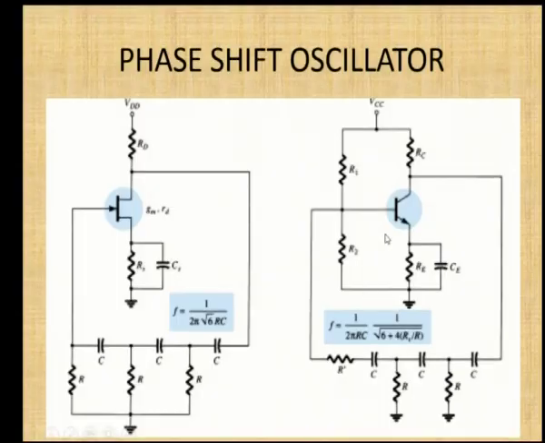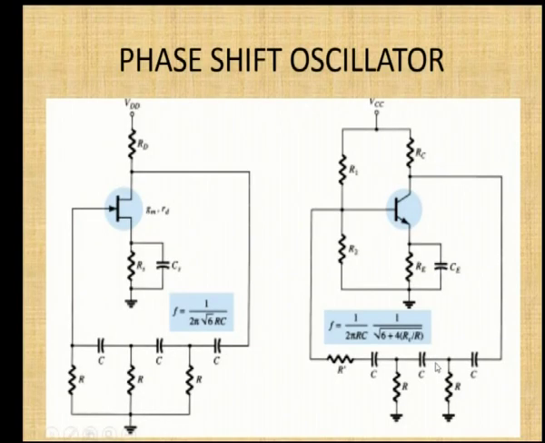So, 180 degree by the amplifier, another 180 degree by the feedback network. One of the Barkhausen criteria is 360 degree or 0 degree phase shift. This was obtained by this RC phase shift network at the feedback.